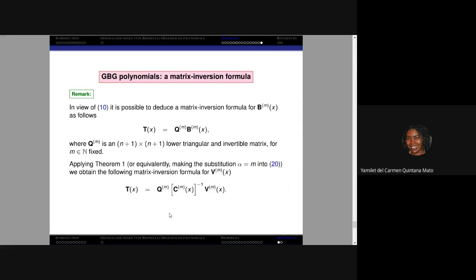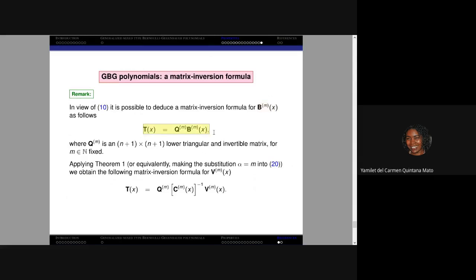In view of 10, that means in view of the inversion formula for the generalized Bernoulli polynomial, it's possible to deduce a matrix inversion formula for these polynomials too.